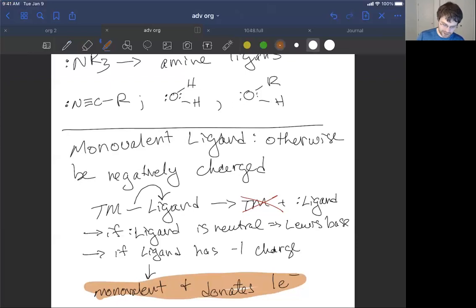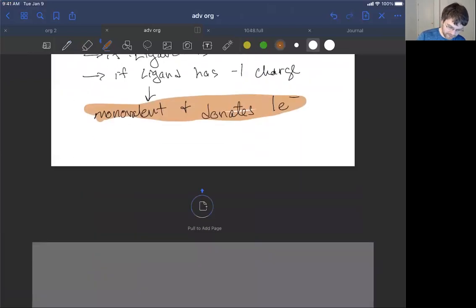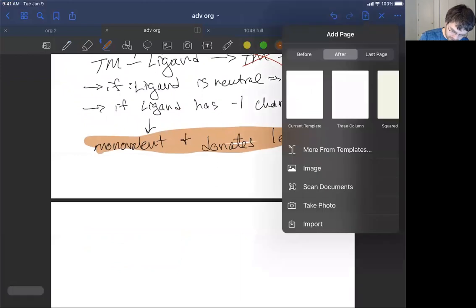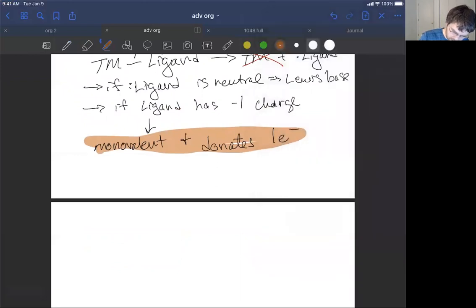Okay, so what does this look like in an actual example? Well, we had discussed chlorine. Let's look at an example where we have our metal bonded to a chlorine atom.